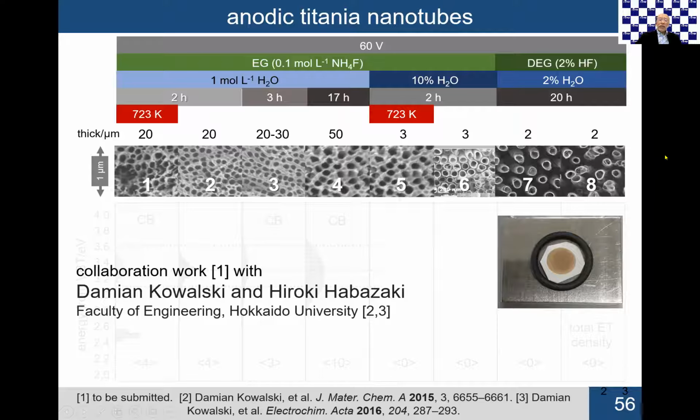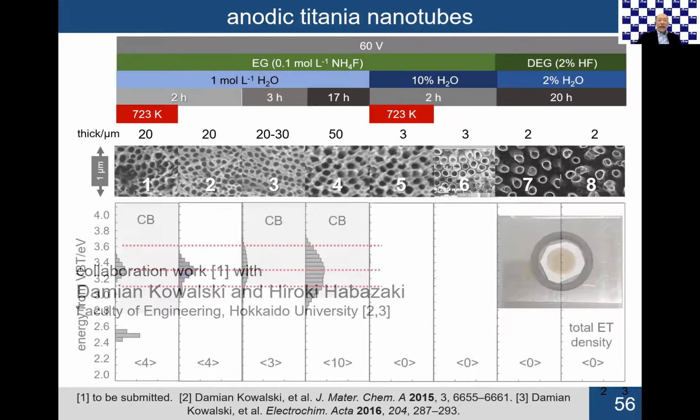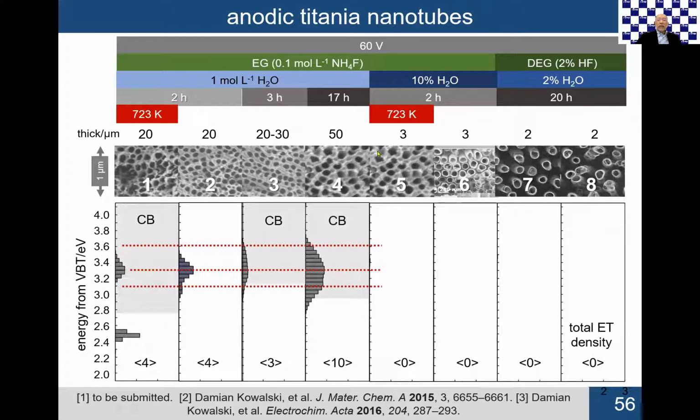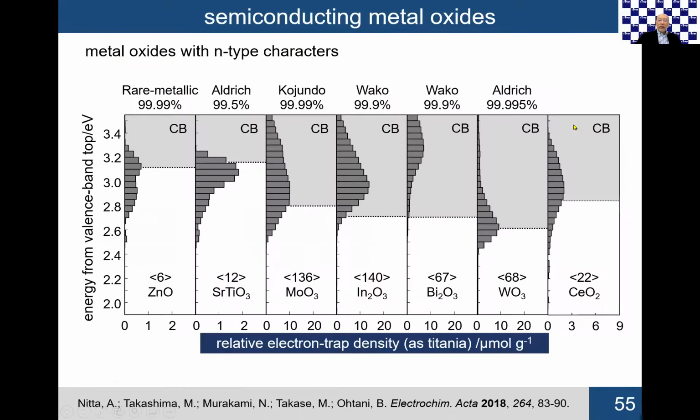They are almost amorphous, with no XRD peak, and no other analytical data show the structure. Only the SEM, scanning electron microscopic image, shows the difference of structure. With this technique, for the thinner film, this is 2 or 3 micrometers, the density is very low.